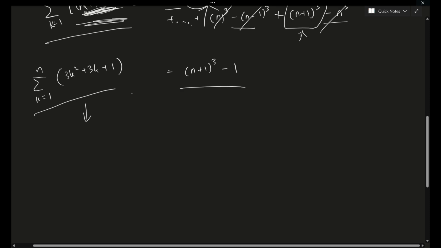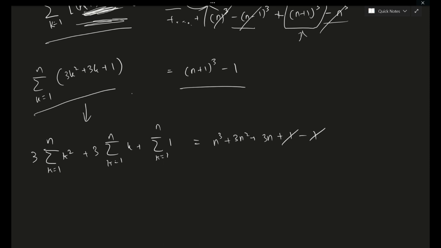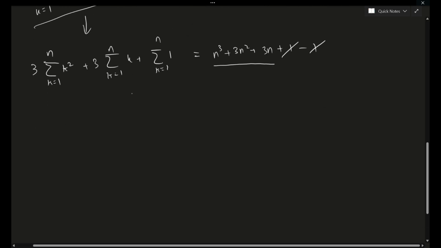Now I'm going to rewrite the left hand side of the equation as this, and the right hand side of the equation I'm going to expand it out. The negative 1 and the 1 will cancel each other, and we're left with this as the right hand side of the equation.